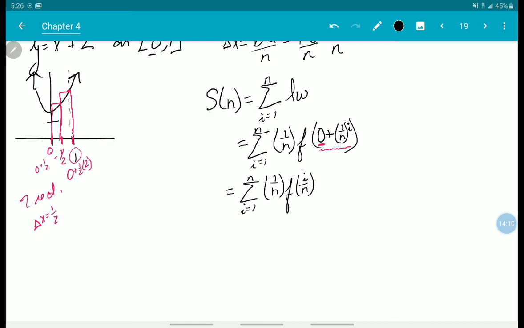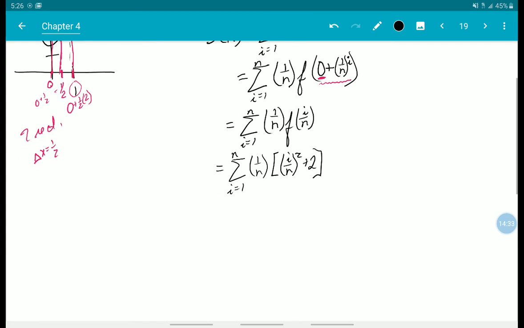This has to go inside of the function. That's going to tell us how tall the rectangle is. So our function is x squared plus 2. And now we just want to do some algebra and simplify that as much as we can.